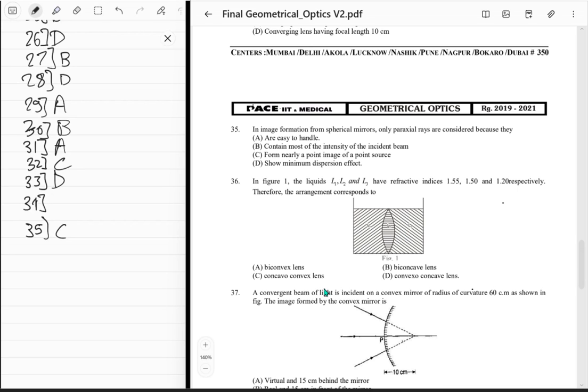It doesn't really matter, because in the end, whether it's converging or not depends on the power, and not really on what the indices of the final and initial medium are. So you can just skip that.